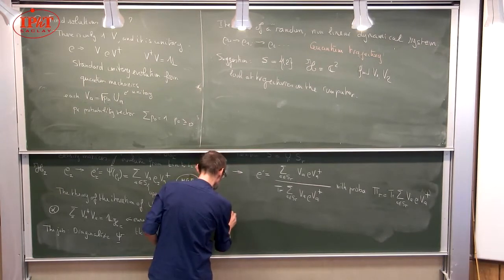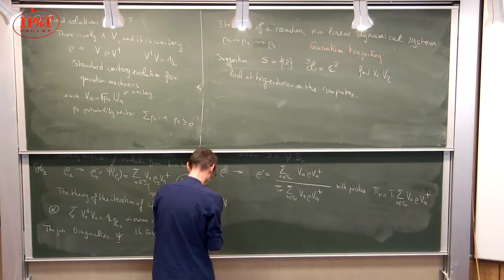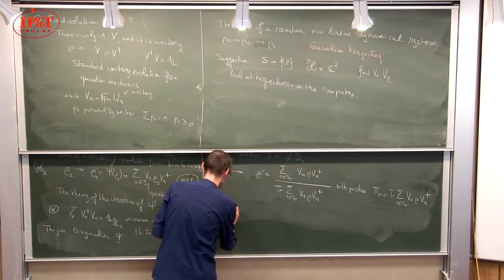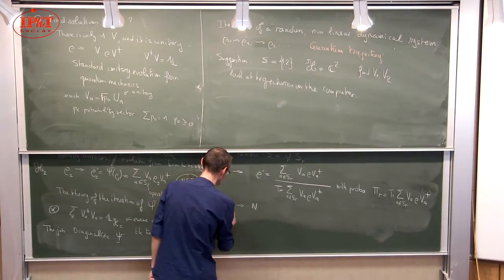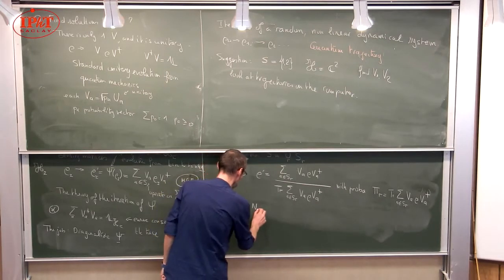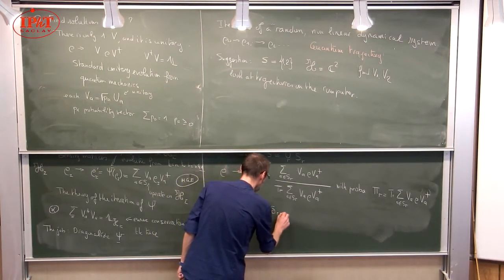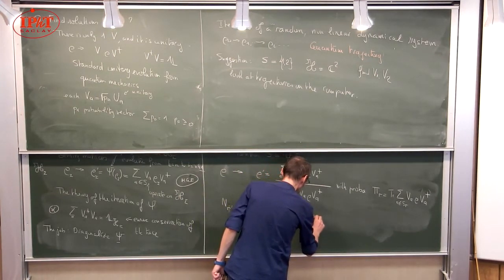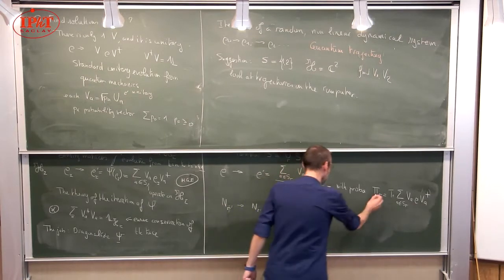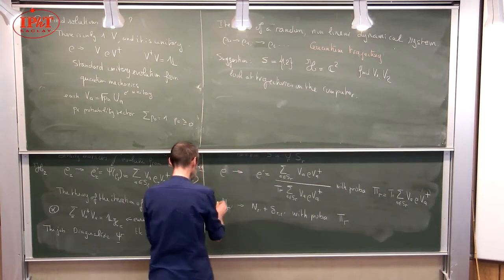Let's call it N_R, and N_R becomes N_R plus delta_R, the same for each R. So these are counting processes.